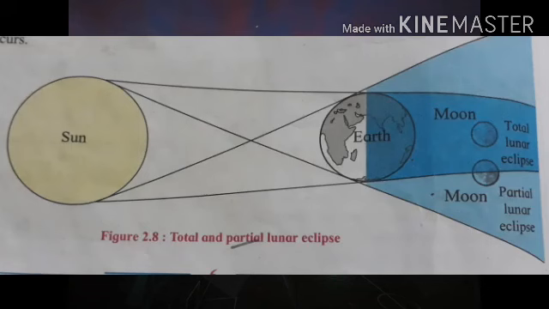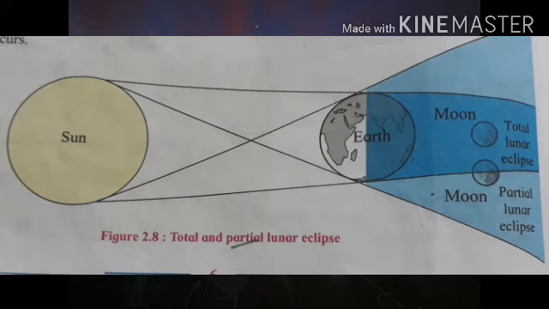The next type of eclipse is the lunar eclipse. Now, during lunar eclipse or on a full moon day, the moon's path of revolution passes through the thick shadow of the earth and the moon becomes totally or partly invisible.